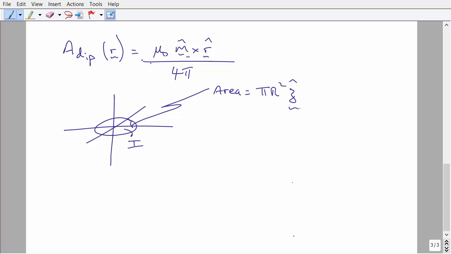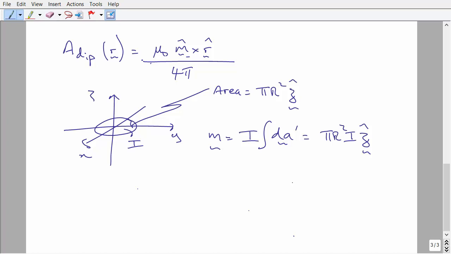Okay, so our magnetic moment, we know, is given by the following formula. And therefore our dipole for this small circular current carrying loop at the origin is given by the following expression.